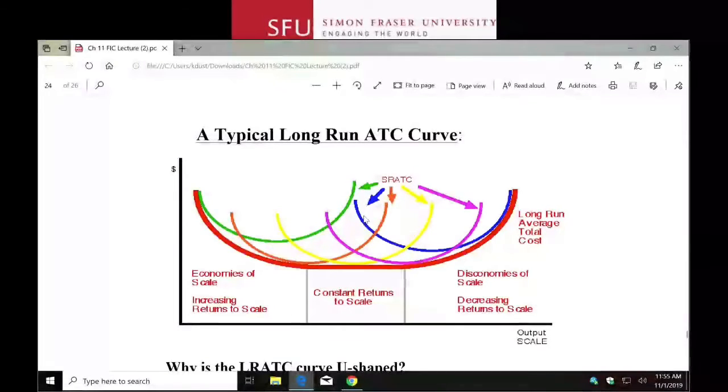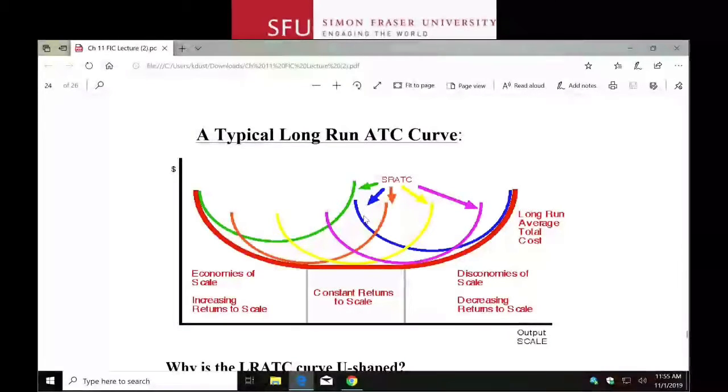That means the same thing. Then, as they increase production, their average costs are not changing much, so constant returns to scale. And then as they really start to increase their output, we have rising average costs, which is then the opposite words, diseconomies or decreasing returns to scale.